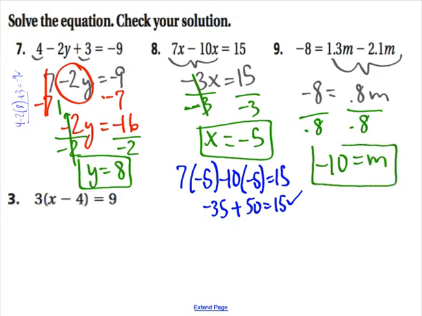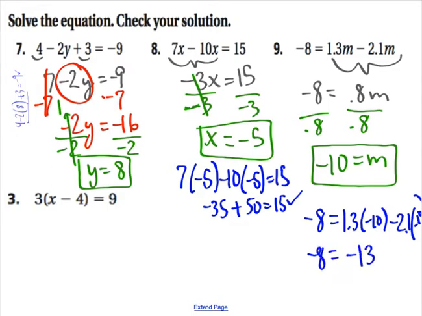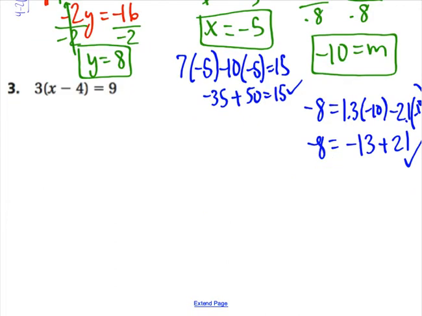That is our solution. Then we check our solution. Negative 8 is equal to 1.3 times negative 10 minus 2.1 times negative 10. And this is negative 8 is equal to negative 13 plus 21. And that does check out. That's true.